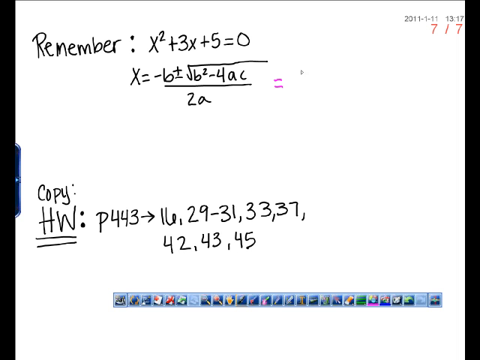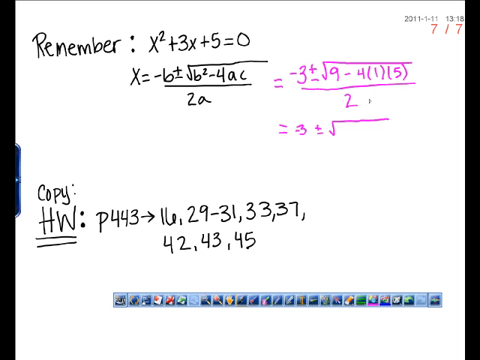Negative b, what would that be? Negative 3 plus or minus the square root of b squared is 9 minus 4 times 1 times 5, all over what? 2. So this is negative 3 plus or minus the square root of, so we get 9 minus 20.